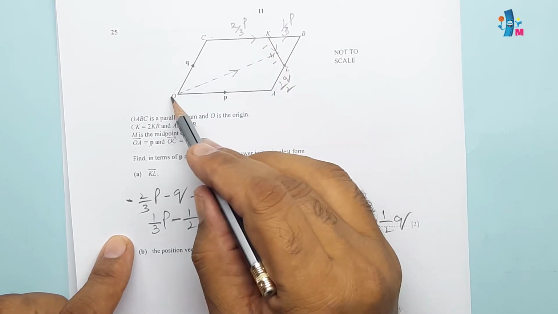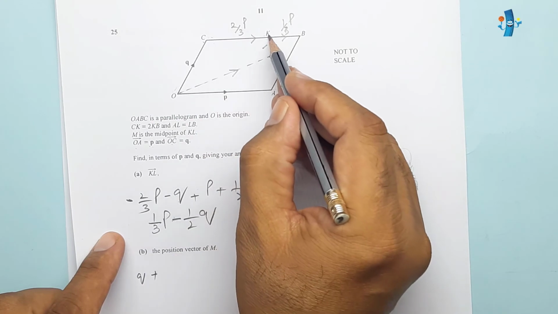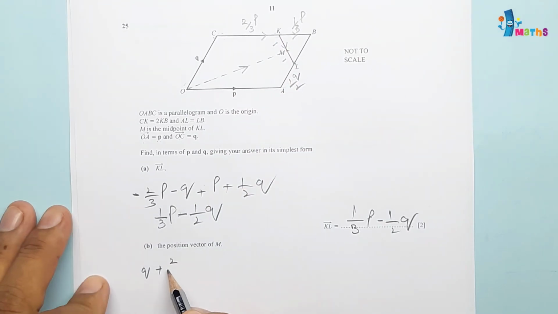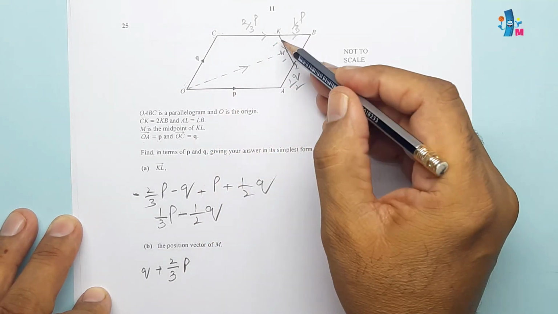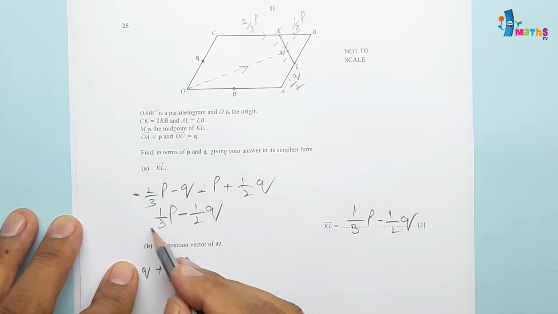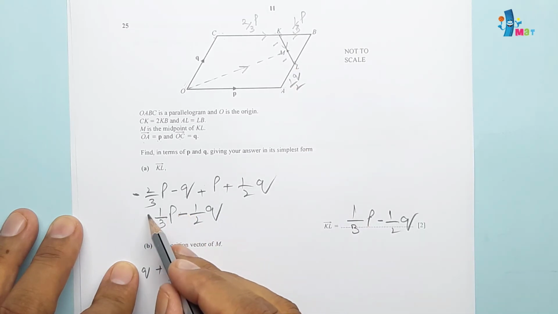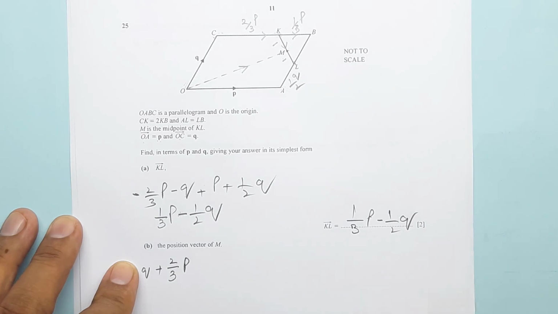So we can take this route, like this will be q plus 2 by 3p. So 2 by 3p, this plus this we have done, and this will be what? K to m will be half of this one, because KL is this one. So Km, we will take half of this.